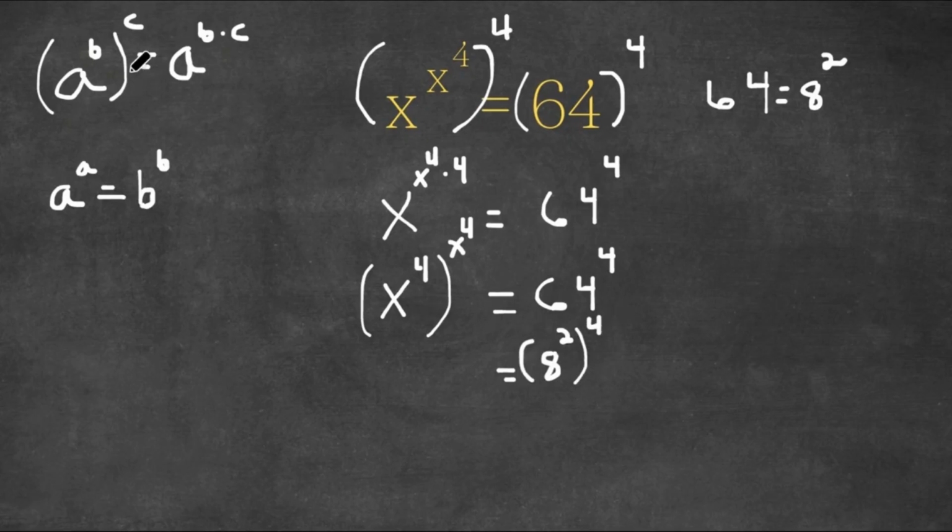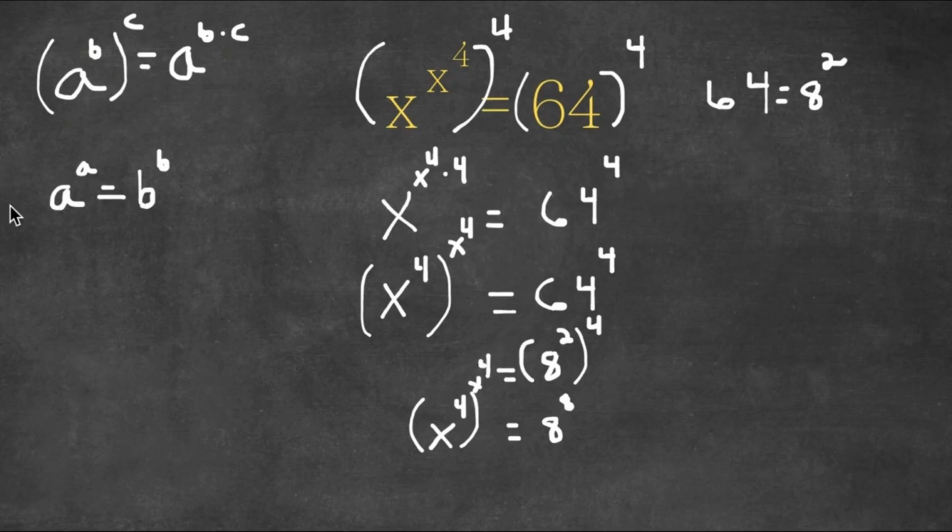And we're going to use the same property, a to the power of b to the power of c equals a to the power of b times c. So 8 to the power of 2 to the power of 4, this would equal 8 to the power of 2 times 4, which is 8. And we still have x to the power of 4 to the power of x to the power of 4.